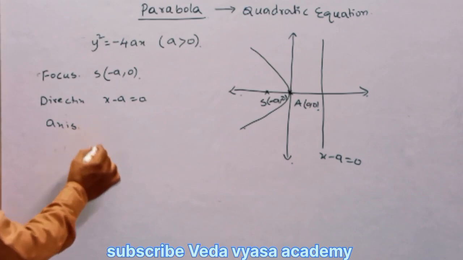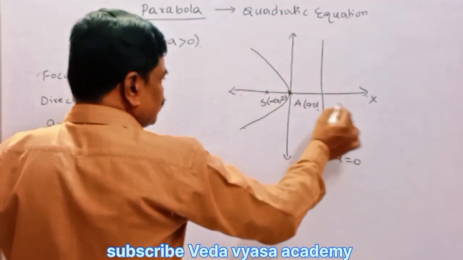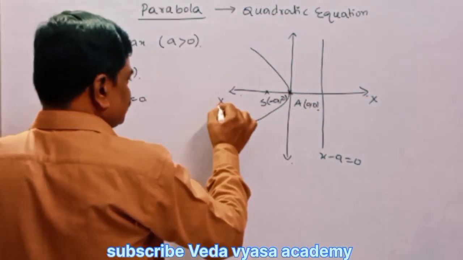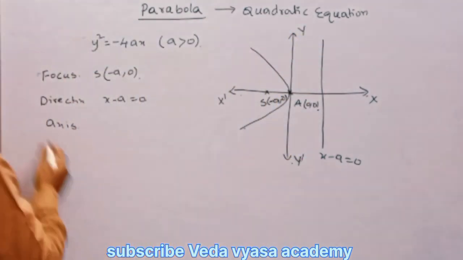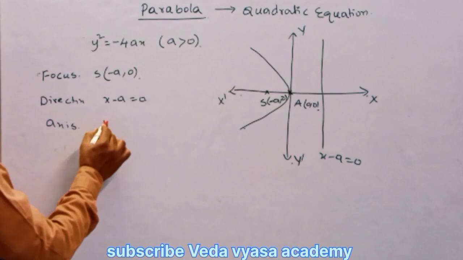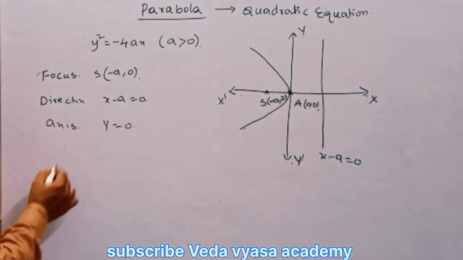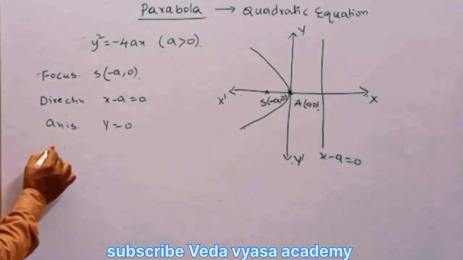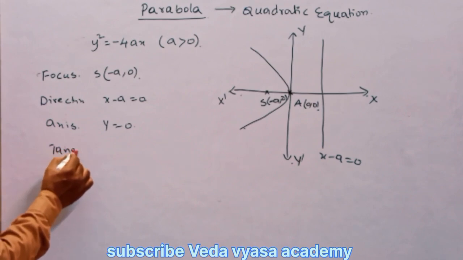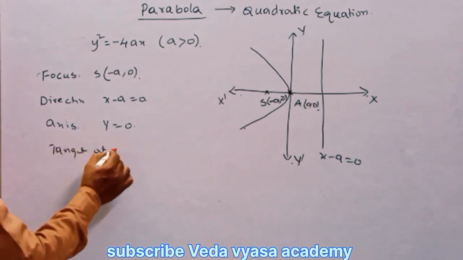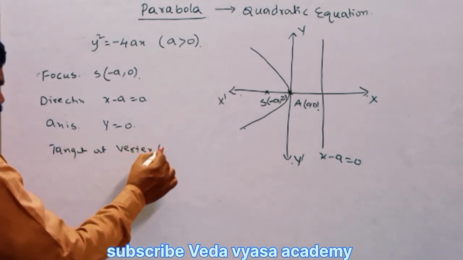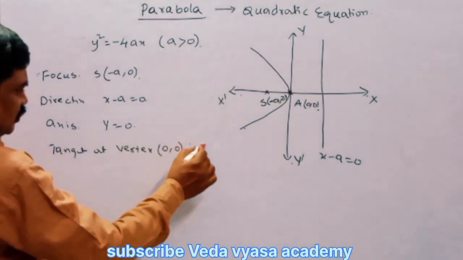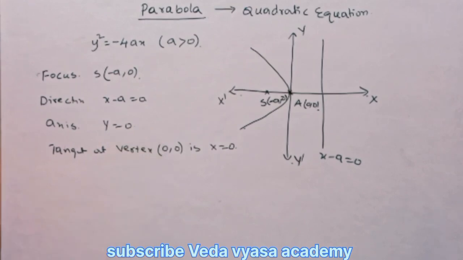X axis, y is equal to 0. This is X'OX, Y'OY. Tangent at vertex 0 comma 0 is x is equal to 0.